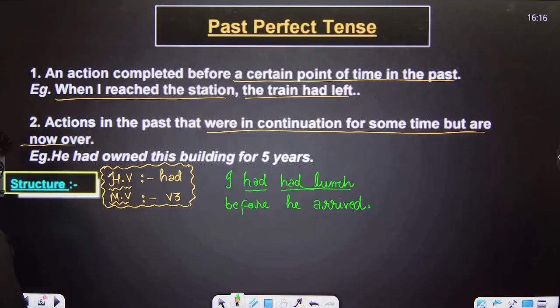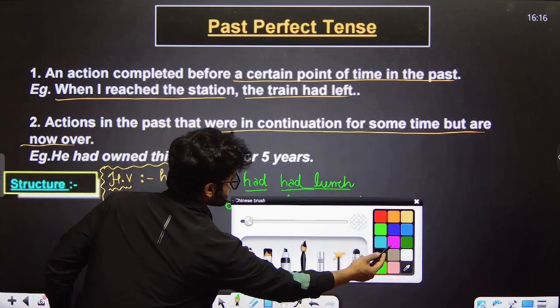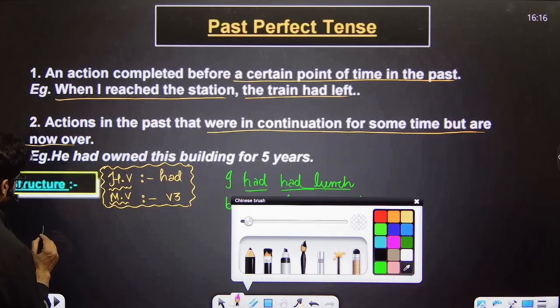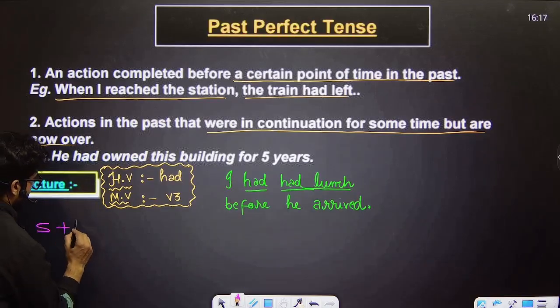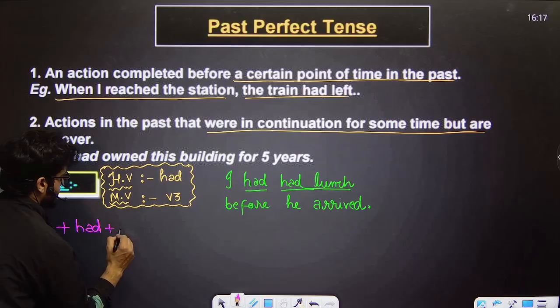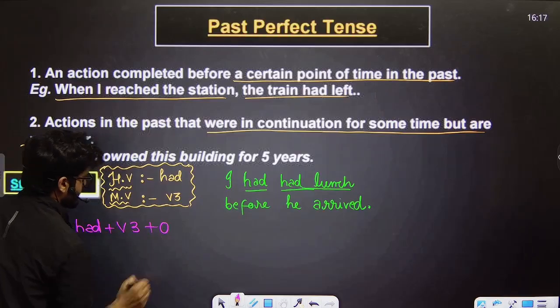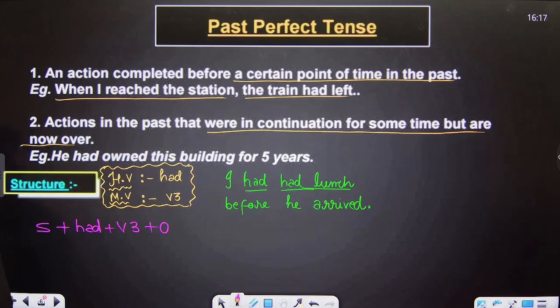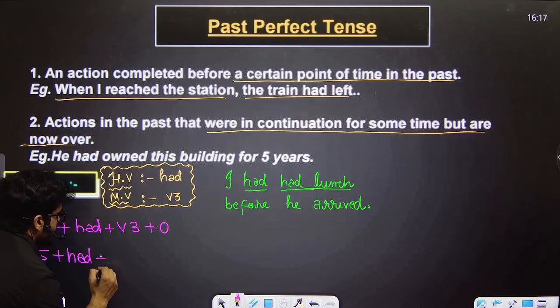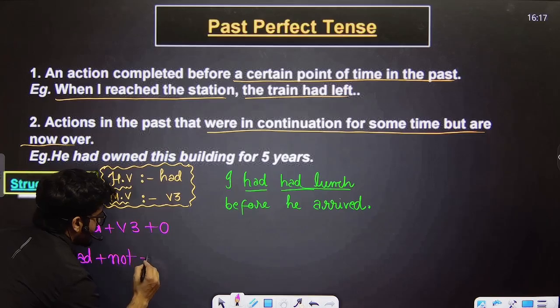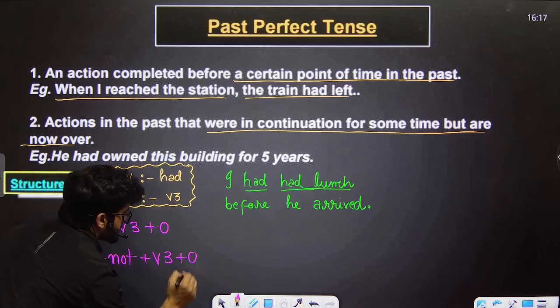Let's write this structure. That is, subject plus had plus verb 3 plus object. Then you have your not case: subject plus had not plus verb 3 plus object.